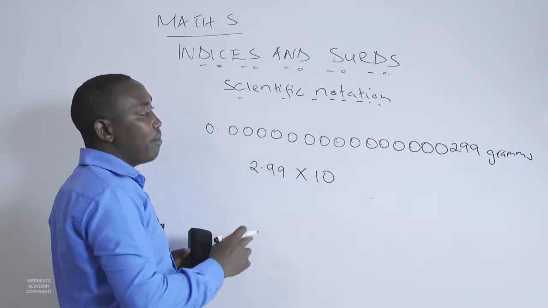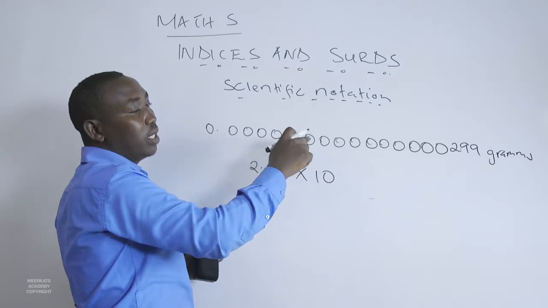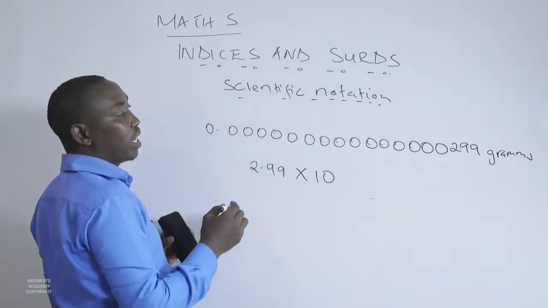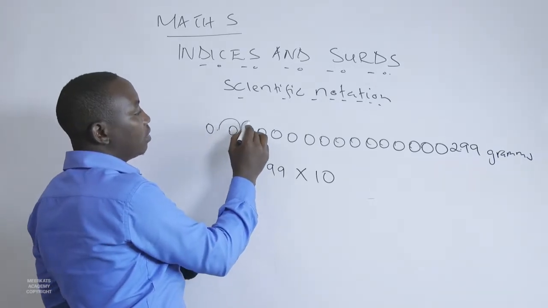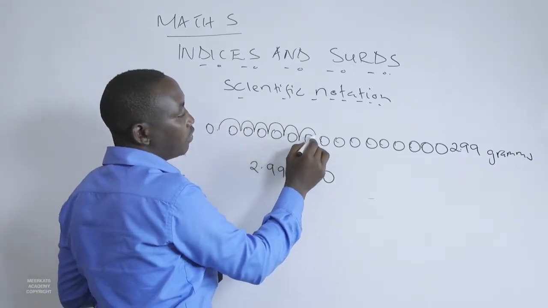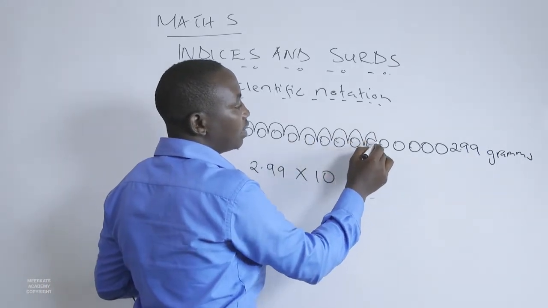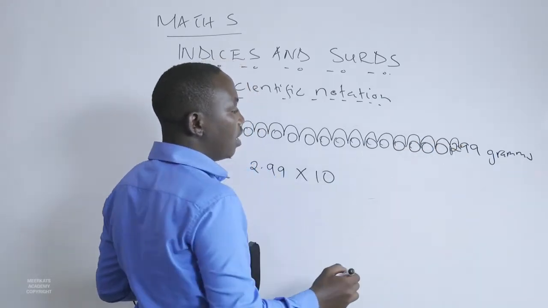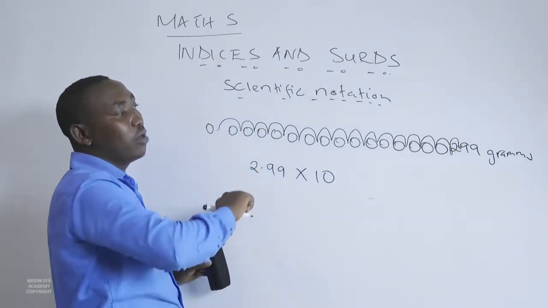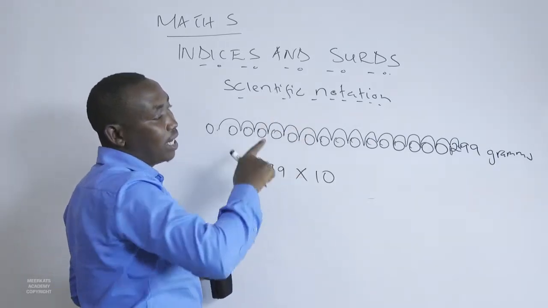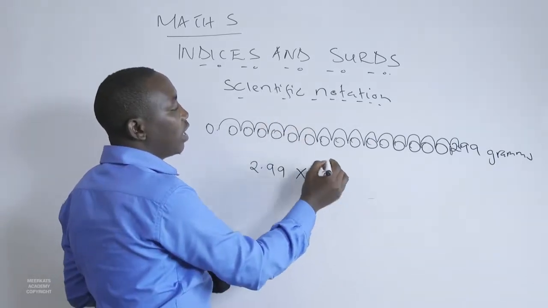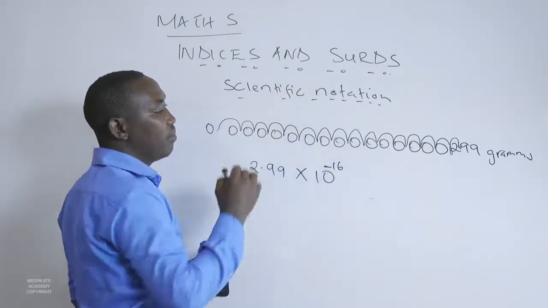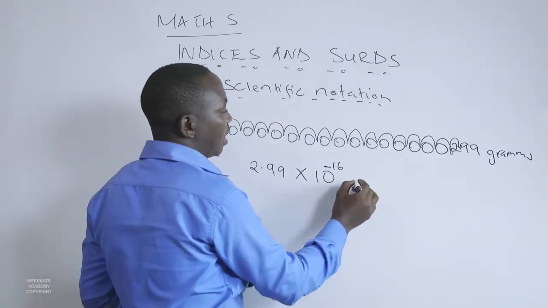And this power, because we are going to count the number of decimal places to the right side, shall be a negative power. So for you to reach 2.99, we need to have covered 1, 2, 3, 4, 5, 6, 7, 8, 9, 10, 11, 12, 13, 14, 15, 16. So there are 16 steps, and because you're going to the right hand side, then it's going to be negative. So we raise it to 10 raised to negative 16 grams.